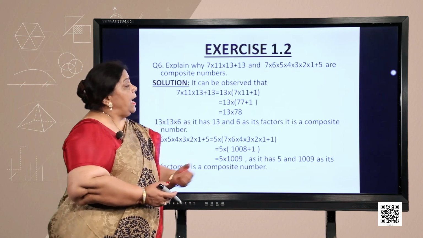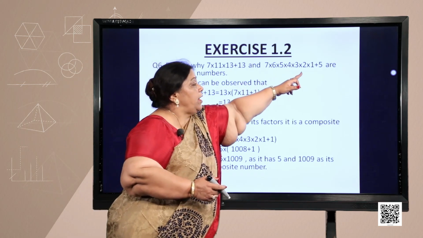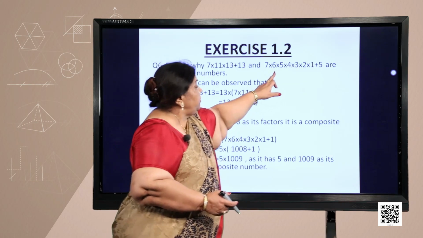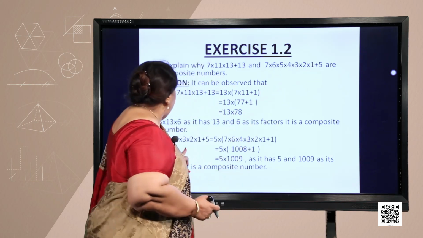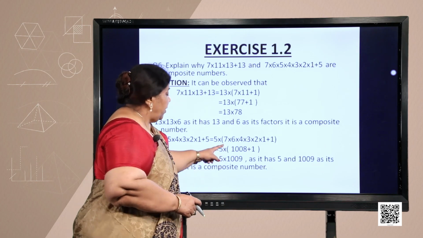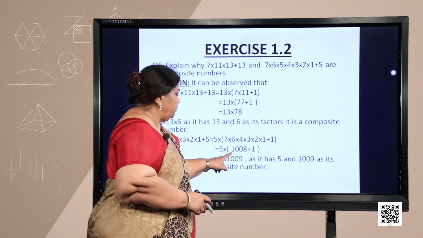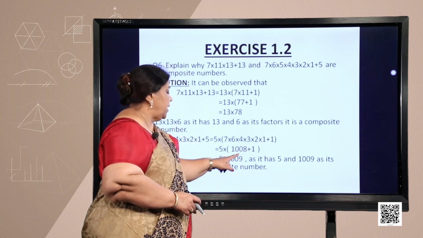In the next one, I have 7 into 6 into 5 into 4 into 3 into 2 into 1 plus 5. Can you see 5 here? I can take it common in both the terms. We have here 5 into (7 into 6 into 4 into 3 into 2 into 1 plus 1). That can be simplified as 5 into, when we multiply these numbers I get 1008 plus 1, that gives me 1009.